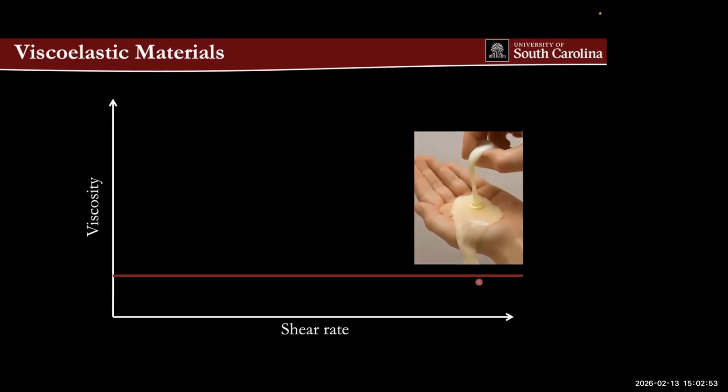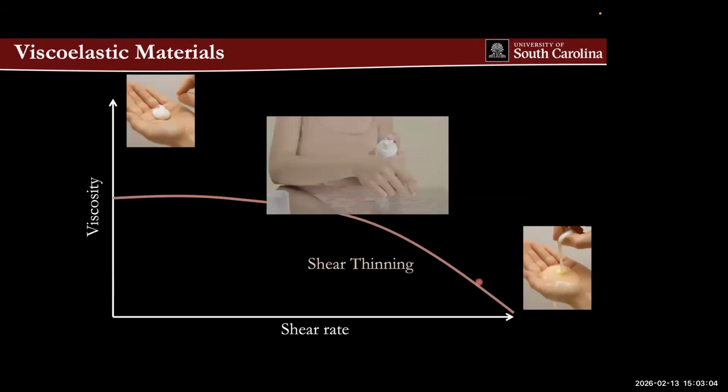The problem with low viscosity is that if it's like water, it's going to go all over the place before you even have the opportunity to spread it over your hands. This is where viscoelasticity becomes very obvious once you know what it is, because you use it every day. Hand cream, shampoo, paints, mayonnaise, all of these products are what we call shear thinning materials.